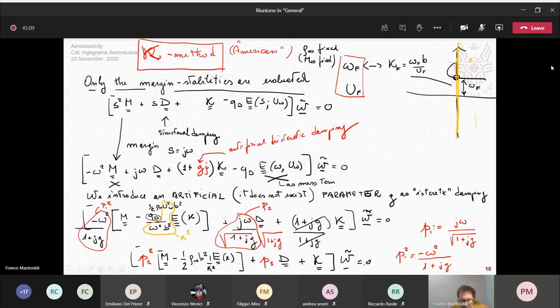So, as you can see, we have apparently a standard characteristic equation in P1, unknown.